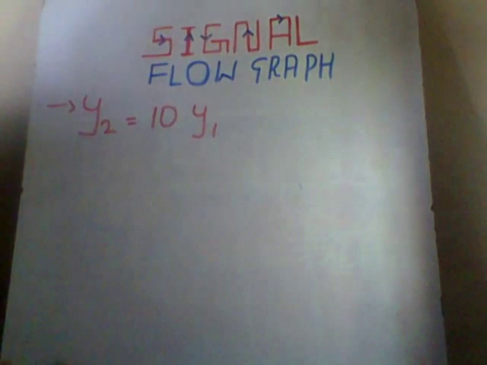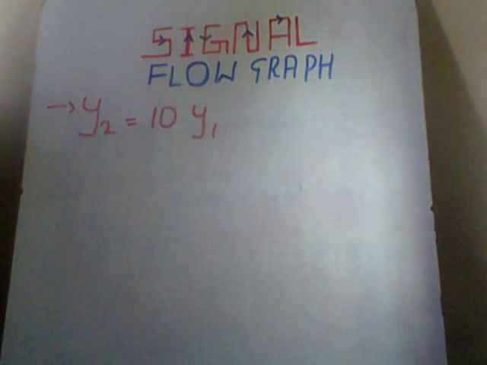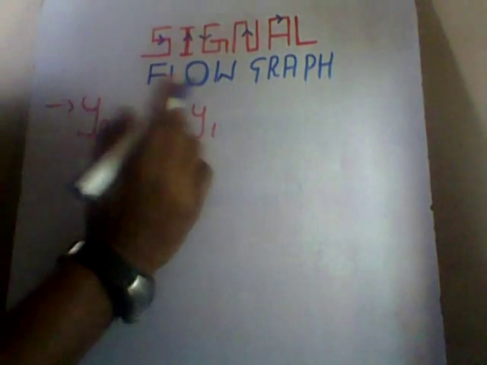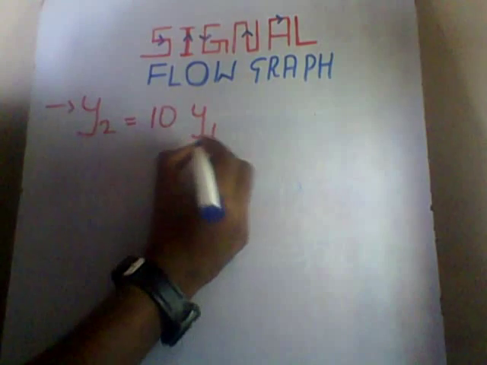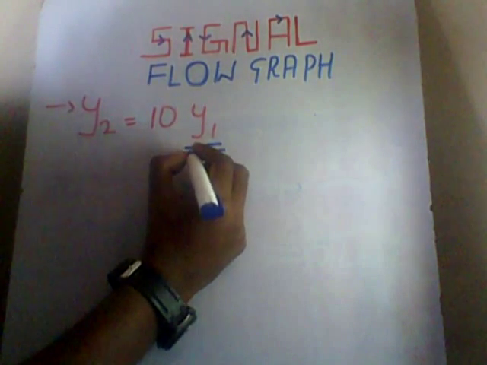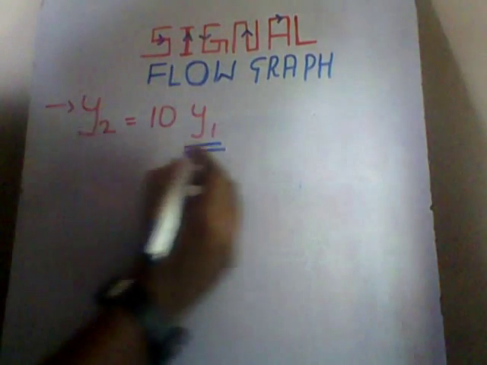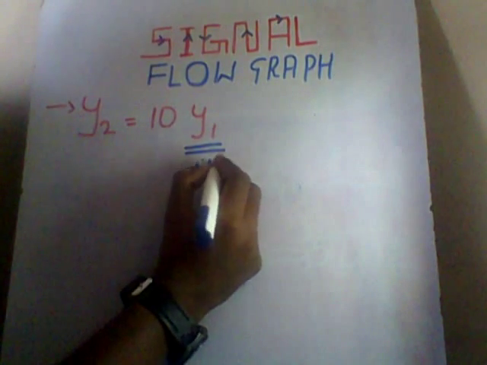There are some rules to construct the signal flow graph. One among them is the variable which lies on the right side of the equation is called an input variable.